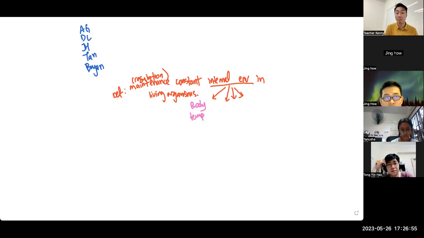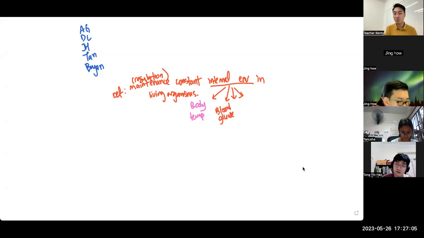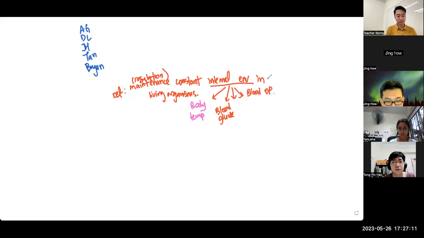You also learned this in Form 1 long time ago. What else? Blood glucose. What else? Blood osmotic pressure, very good. Anything else? Blood carbon dioxide concentration, yes. And lastly, blood pressure, your BP, correct?